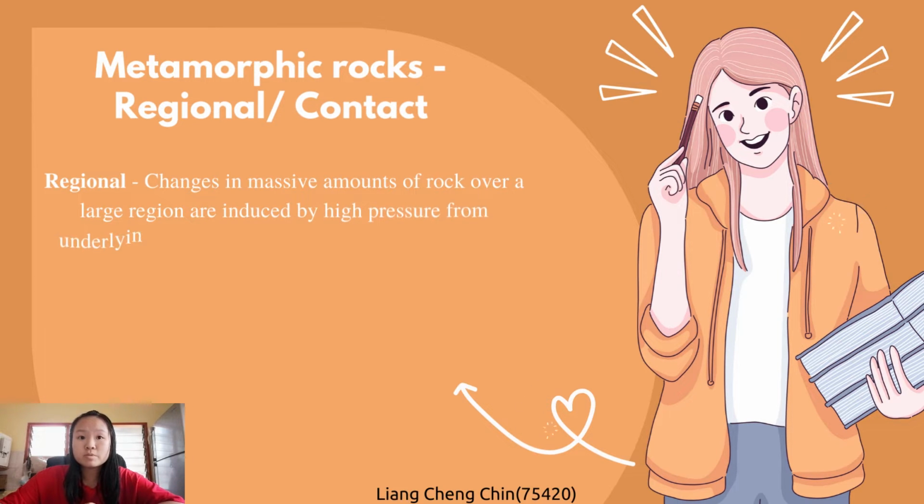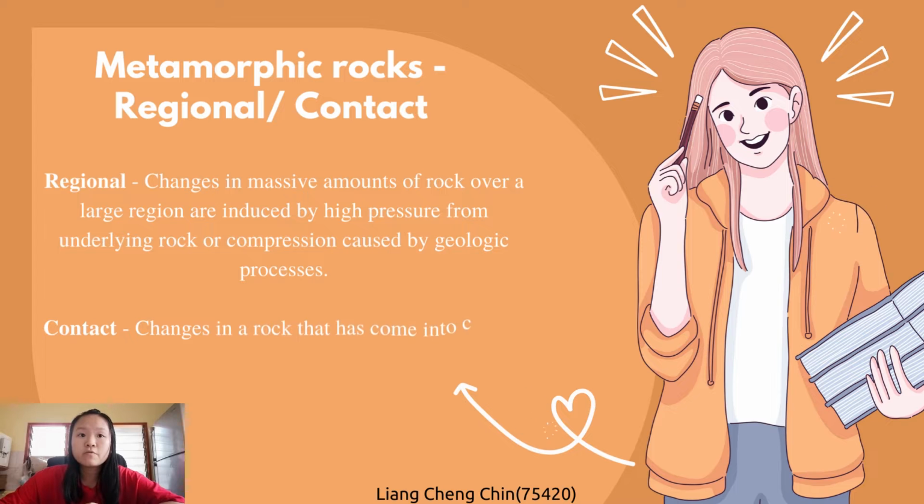Regional metamorphism changes a massive amount of rock over a large region, induced by high pressure from underlying rock or compression caused by geological processes. The rock is exposed to high temperature due to its deep burial.